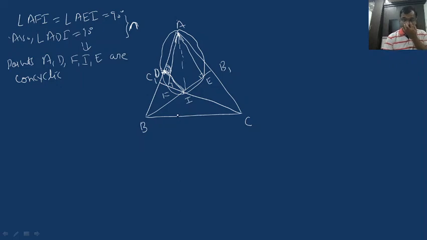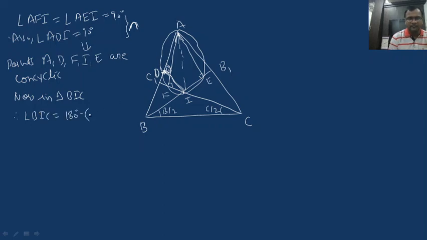Now in triangle BIC, this angle is B by 2, this angle is C by 2. Therefore, what is the amount of angle BIC? BIC is actually 180 minus B by 2 plus C by 2, and that comes out to be 90 plus A by 2.